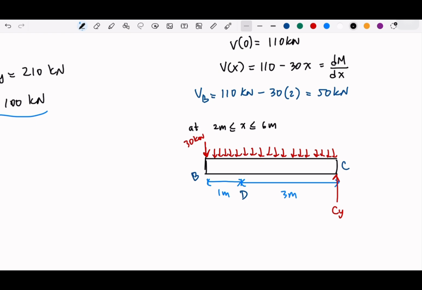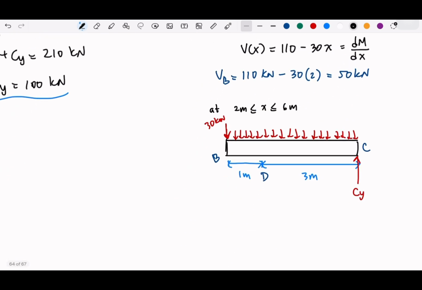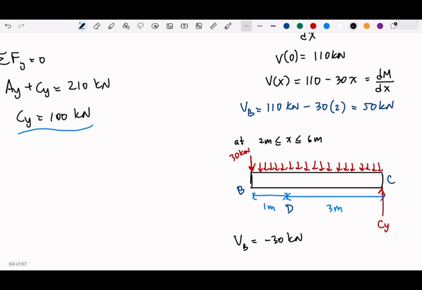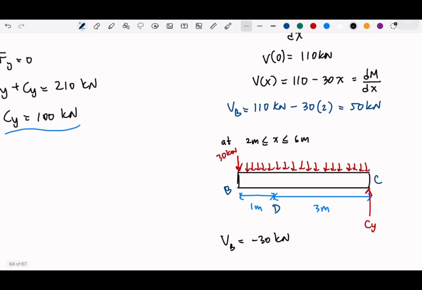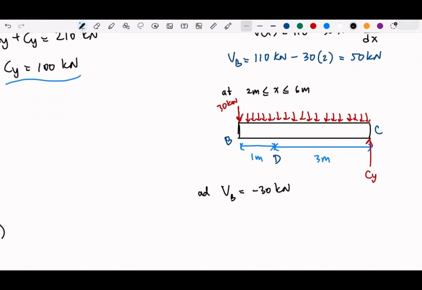Okay. So we first take a glance that at VB, we have an additional negative 30 at this VB. Of course, at VB, we have 50 kilonewton minus 30 kilonewton.